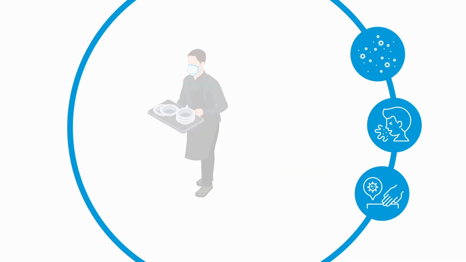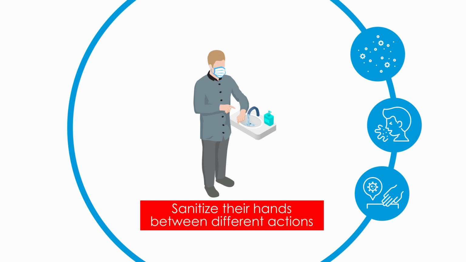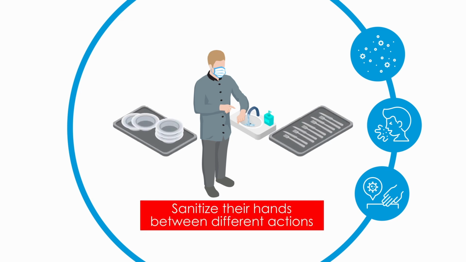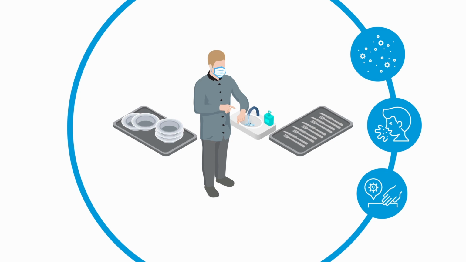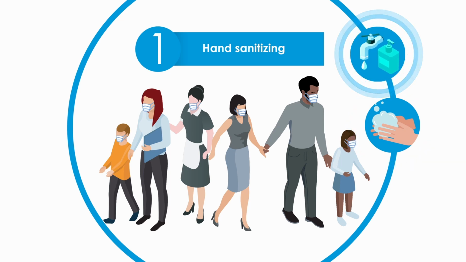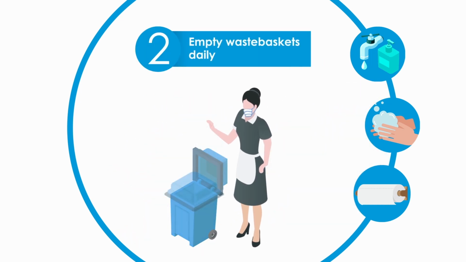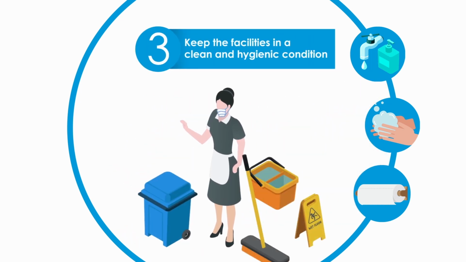If there are not enough staff, it is essential that servers sanitize their hands between different actions. It is also important to facilitate hand sanitizing among staff and users with soap, water, and single-use hand towels. Empty waste baskets daily, and keep the facilities in a clean and hygienic condition.